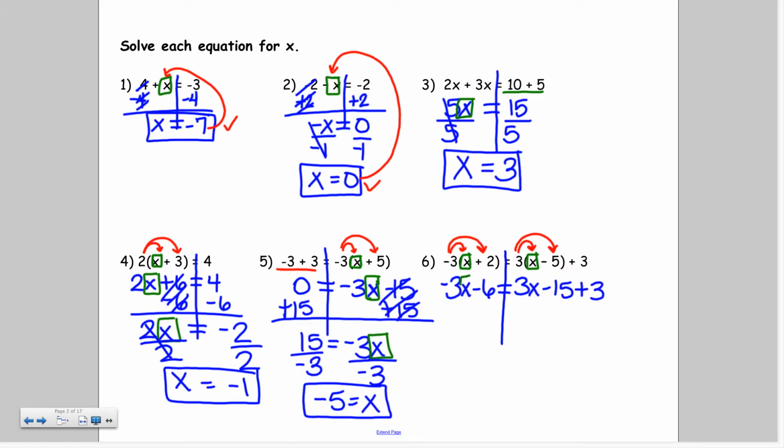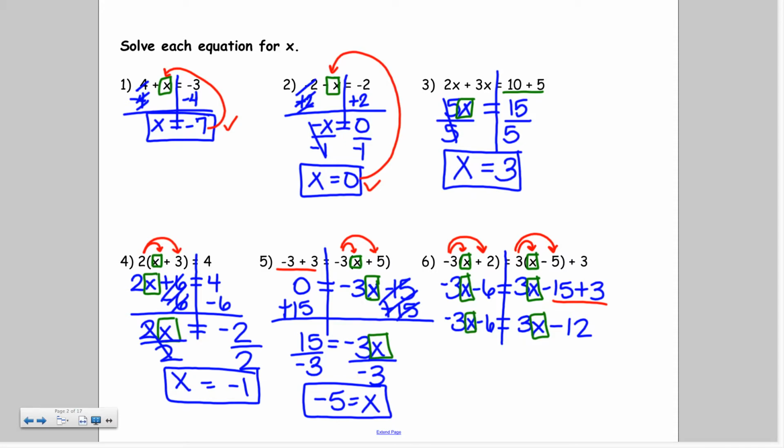Now, we still need to get the x by itself, but we need to combine like terms first. So we have negative 3x minus 6 is equal to 3x. Negative 15 plus 3 is negative 12. Now we can get x by itself.